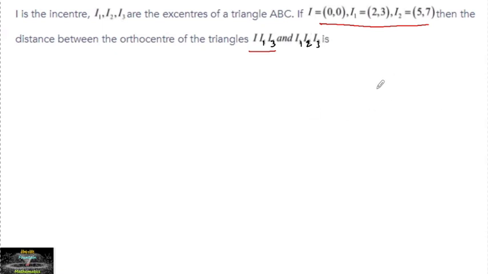Okay. Now, before solving this question, we need to remember two points.